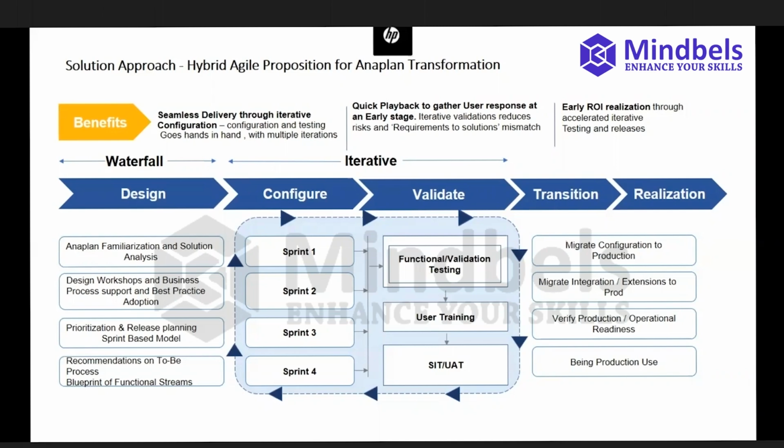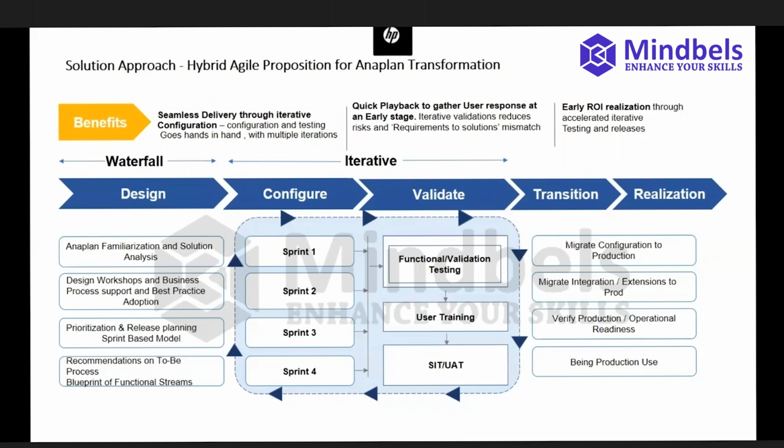Now there will be 10 sprints. Each sprint will have 10 functionalities, or 10 requirements.